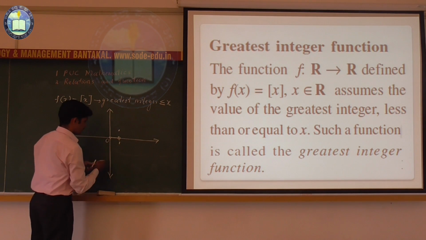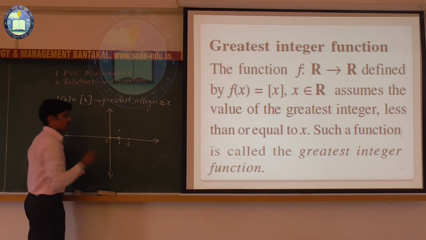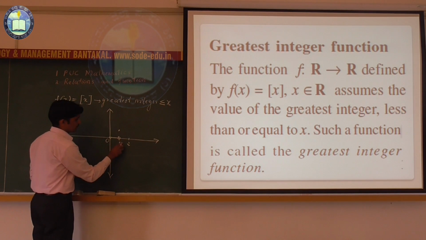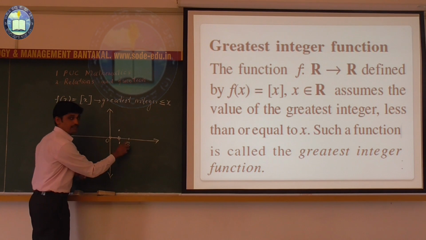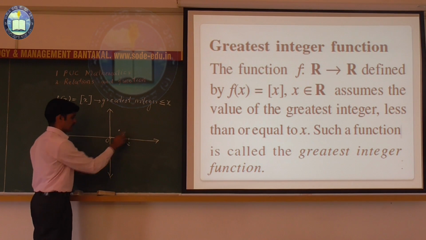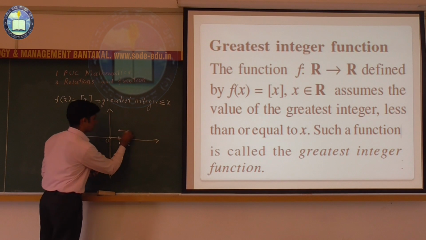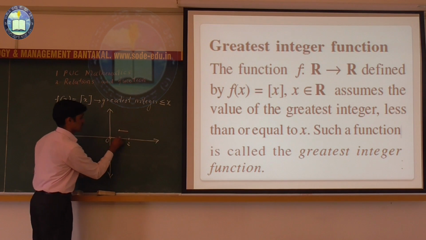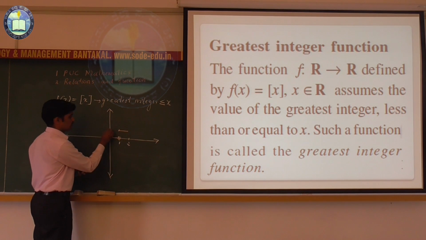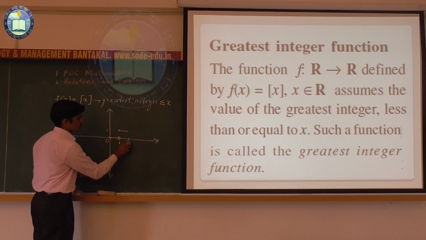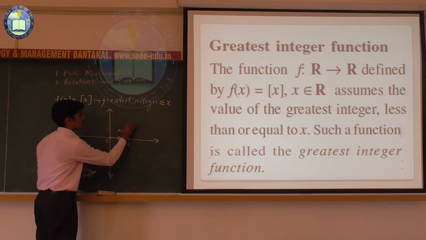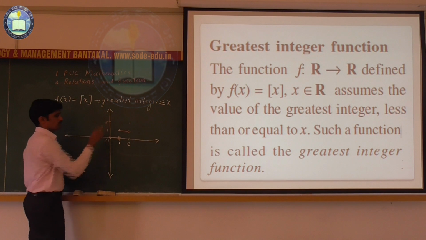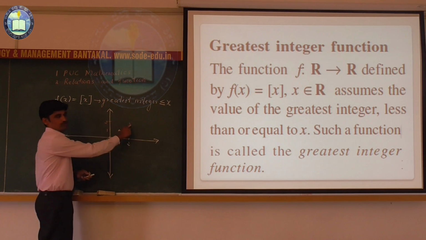Then between 1 and 2, if you give 1.5, the greatest integer part is 1. Then if we give 1.9, the greatest integer part is 1. So this is the graph of the function. Between 1 and 2, the graph value is 1, but when x equals 2, it is not the answer; the greatest integer part of 2 is 2.